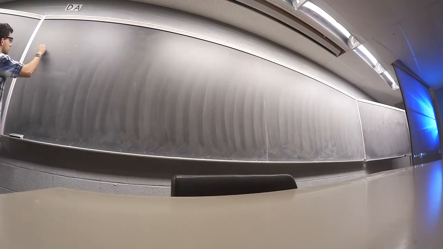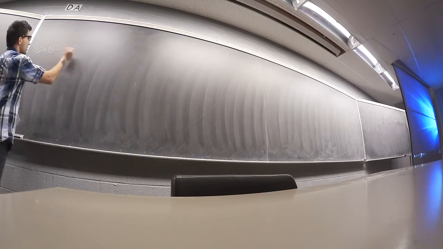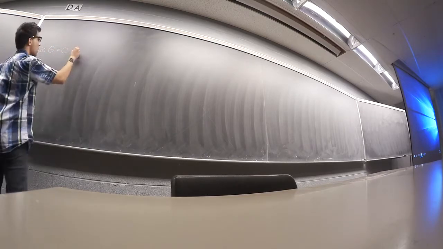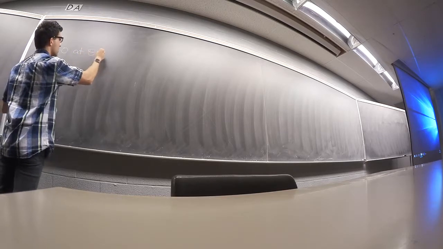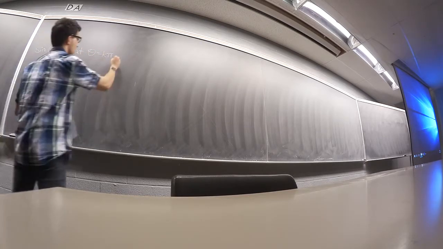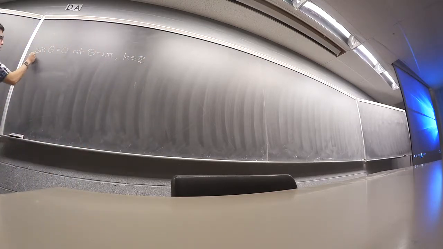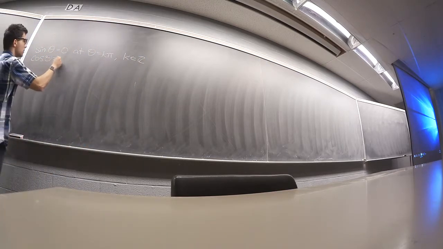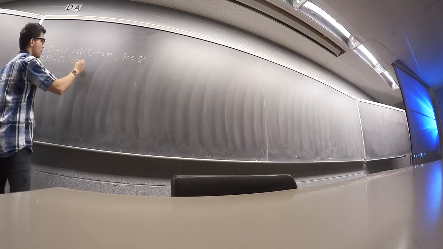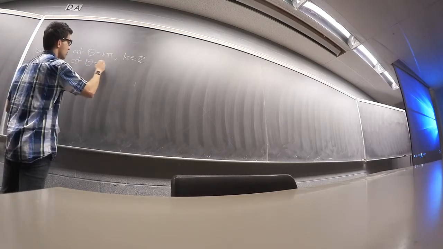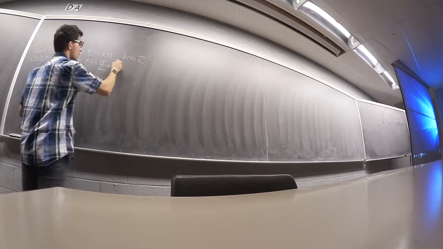Okay, again, I'm just going to repeat the zeros of the sine and cosine functions. Sine theta is 0 at integer multiples of pi. Cos theta is 0 at pi over 2 plus integer multiples of pi.